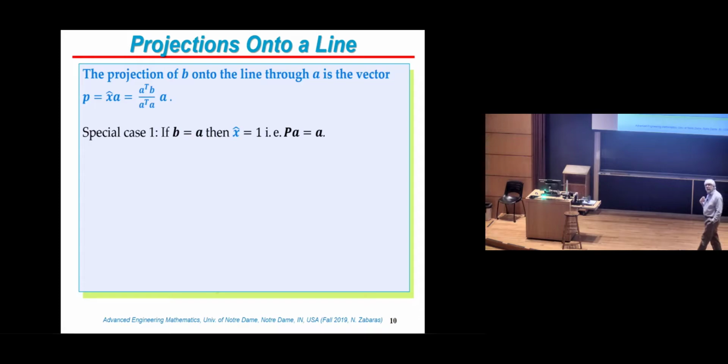If B happens to be on that line, what do you think the projection of B is? Don't look at the equations. If B is already on that line, and I want to project it to that line, what is the projection of B? B.